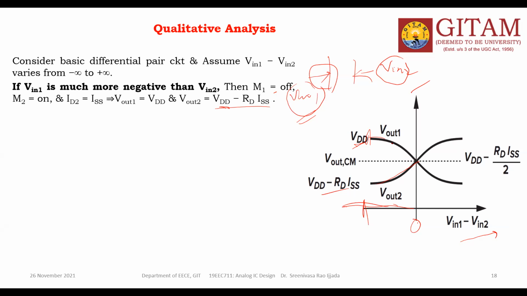Then the drop will be established across RD, so Vout2 is equal to VDD minus ISS into RD. Clear? So these two things I am explaining here. See, in this picture you can see these two things. One curve is for Vout1, and the bottom curve is for Vout2. So Vout1 is more than Vout2 for this case.